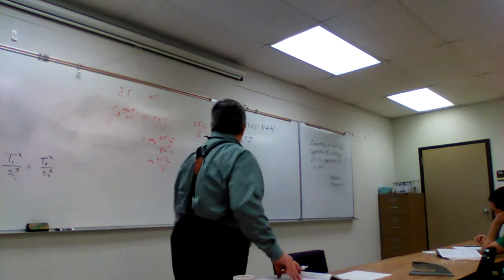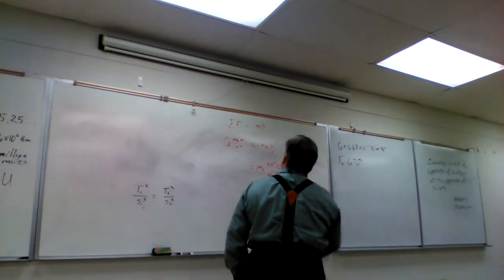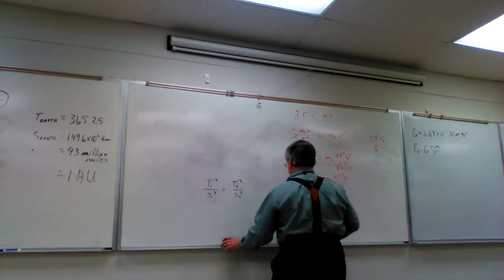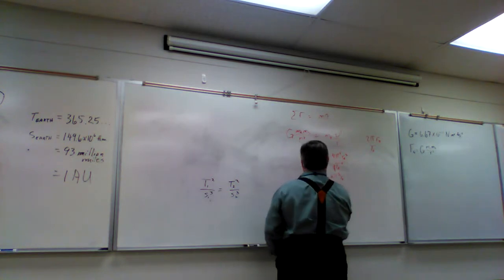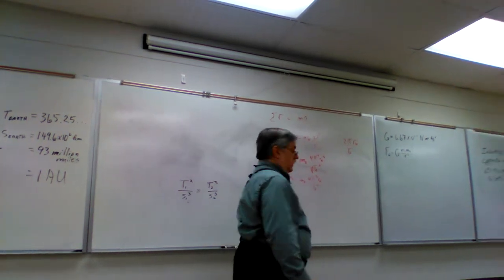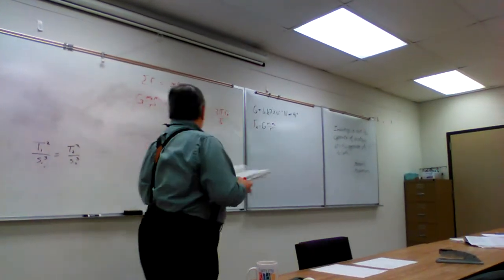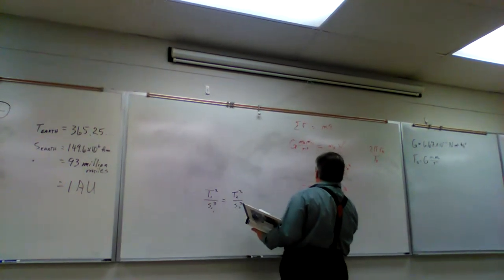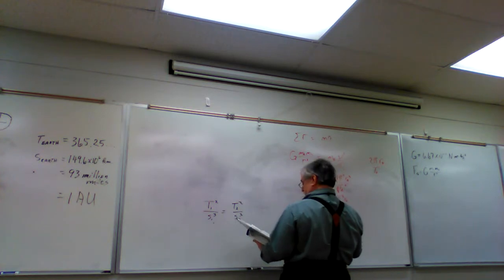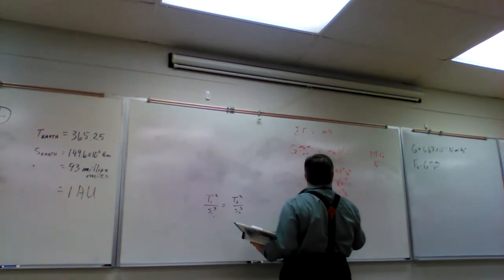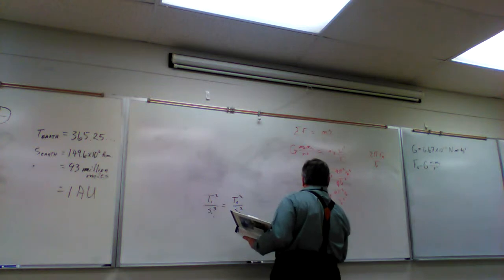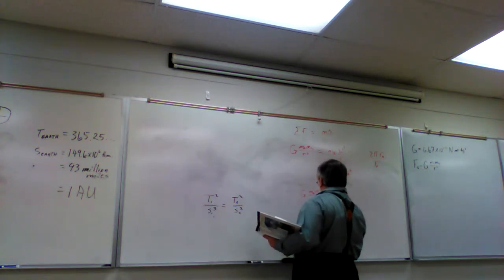Now we can rearrange that. If we multiply both sides by T of the Earth squared, and divide both sides by the radius of the Earth, we end up with the radius of the Earth cubed.